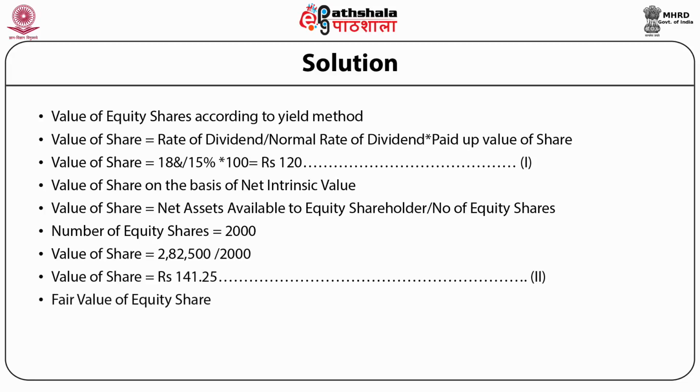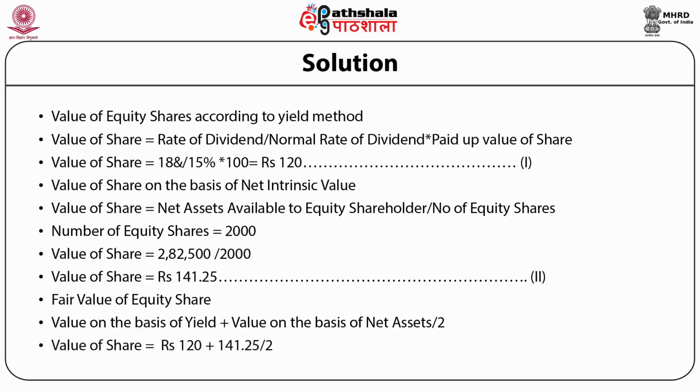Now fair value of equity shares. Here value on the basis of yield plus value on the basis of net assets divided by 2. So value of share as per this method arrives at rupees 120 plus rupees 141.25 divided by 2, that is equal to rupees 130.63.